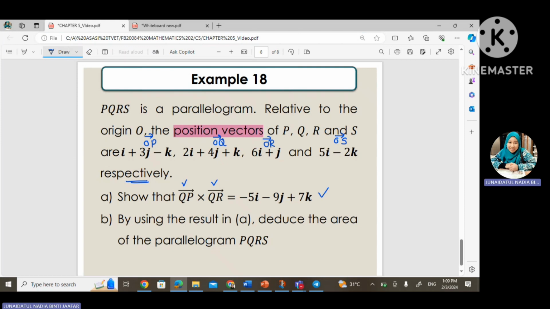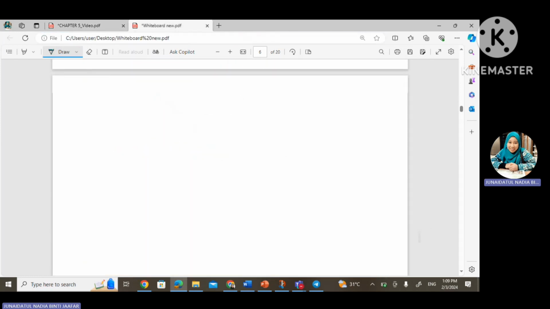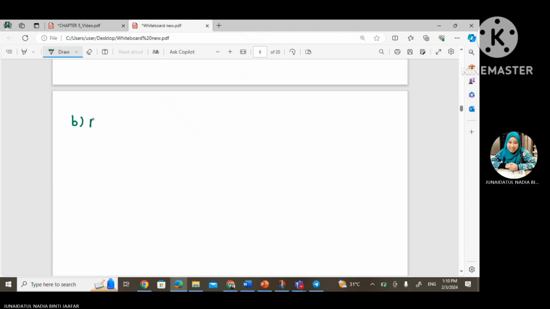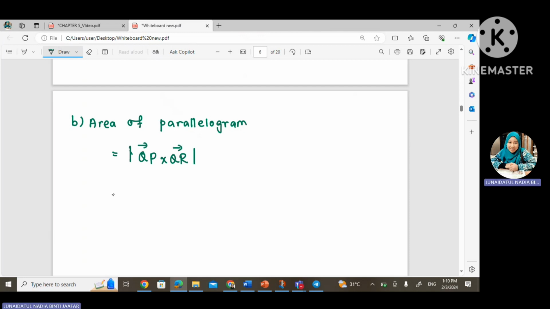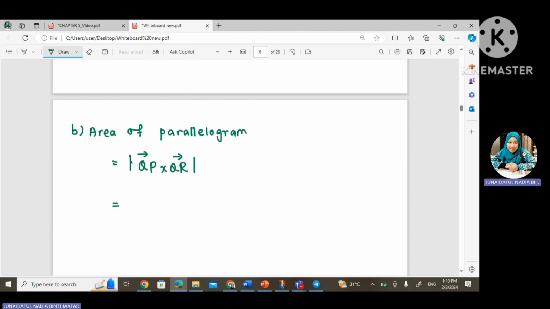By using the result in A, deduce the area of the parallelogram PQRS. The area of the parallelogram is equal to the magnitude of QP cross QR. QP cross QR is negative 5i minus 9j plus 7k, so we must find its magnitude.